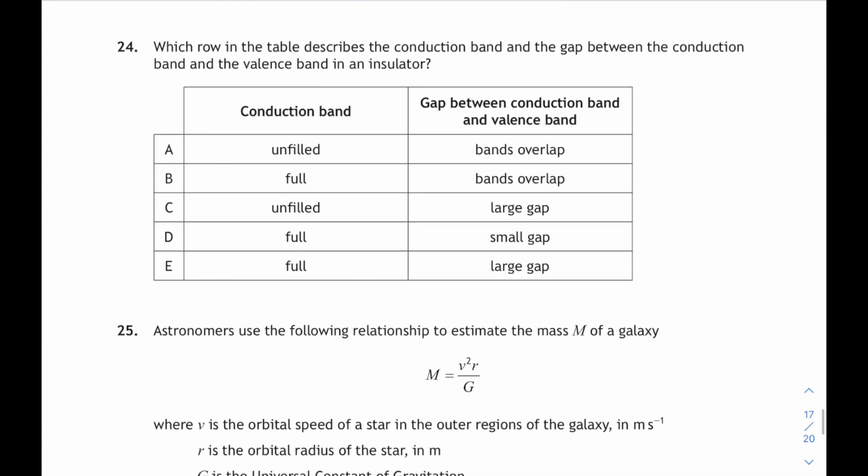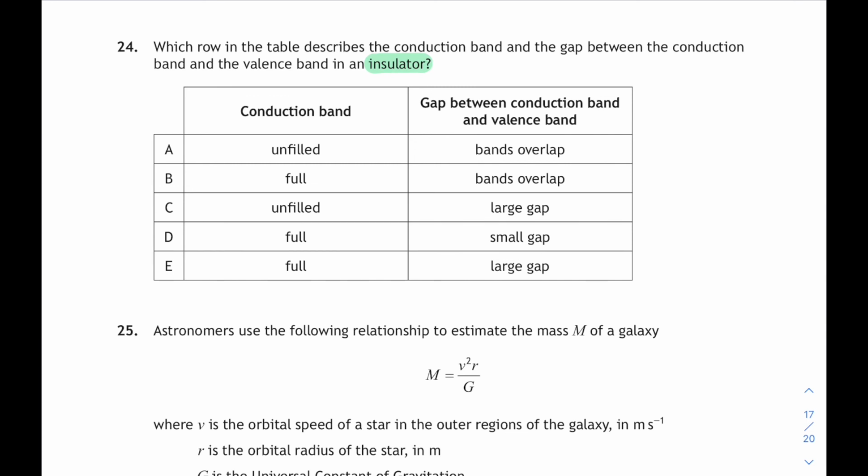Question 24. It's about semiconductors. Which row in the table describes the conduction band and the gap between the conduction band and the valence band in an insulator? Well, it might be easier to talk about the band gap first. In an insulator, the band gap is very large.